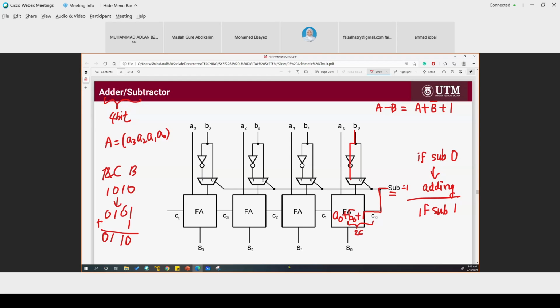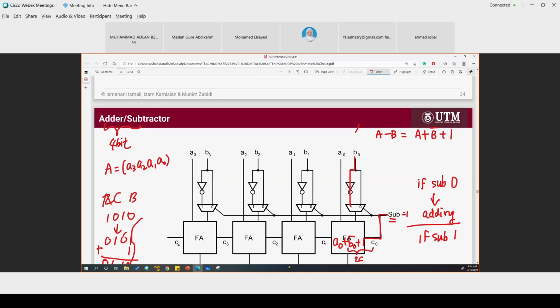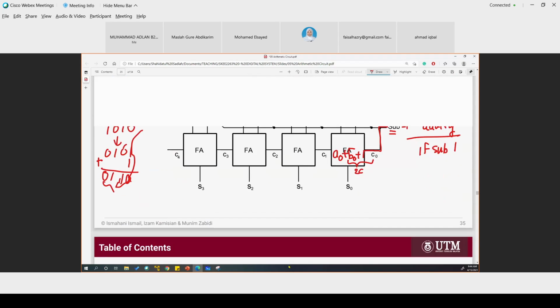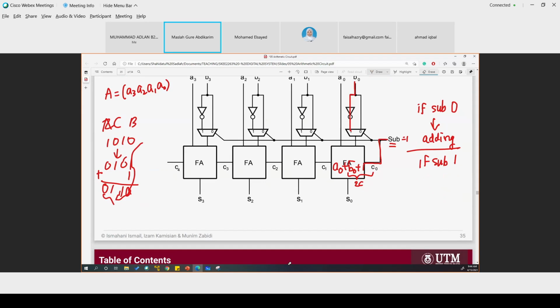Carry is 0. Yeah. But this is B. What do you mean, the carry? Like after this operation right now, you wrote 1 plus 1 is 2, right?